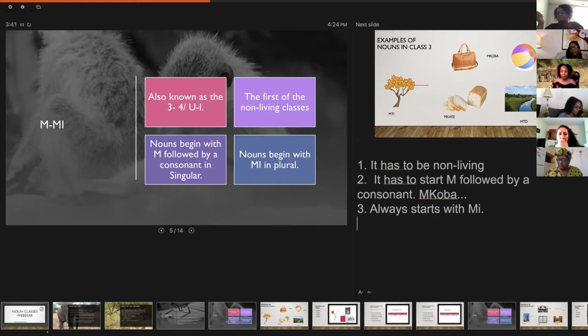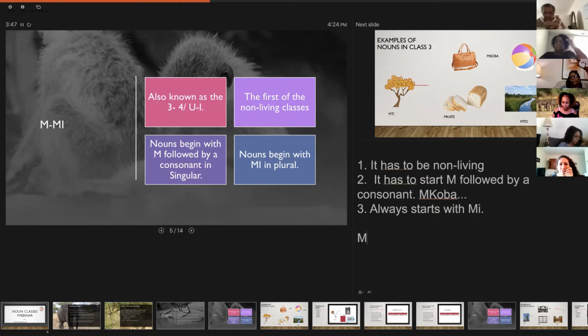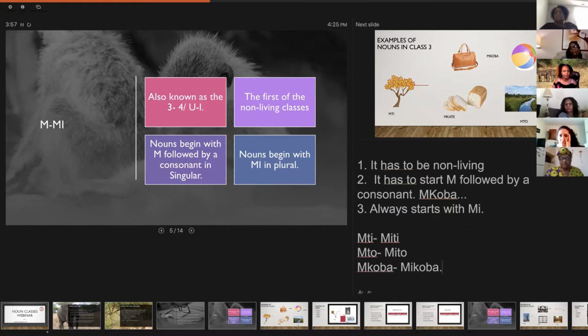So in plural, this becomes the main rule, the MI. So let me actually put them in together. Mti, miti. Mto, mito. Mkoba, mikoba. That's how it looks.